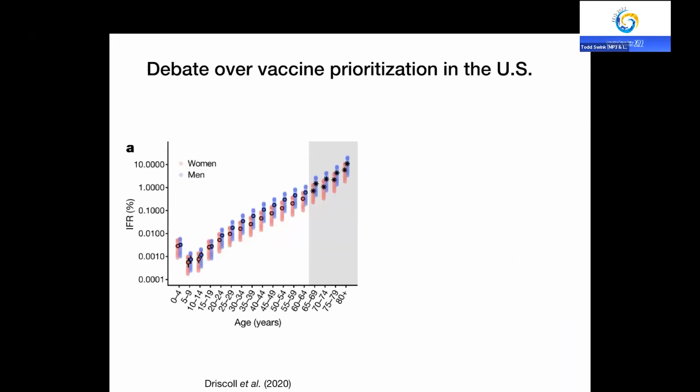So just very briefly, the debate over vaccine prioritization in the US has really been defined by two very sharp disparities in mortality. One is the very strong disparity we see in COVID-19 mortality by age, where adults over 65 have a much higher risk of mortality given infection compared to all other age groups.